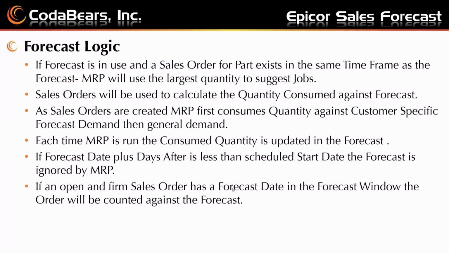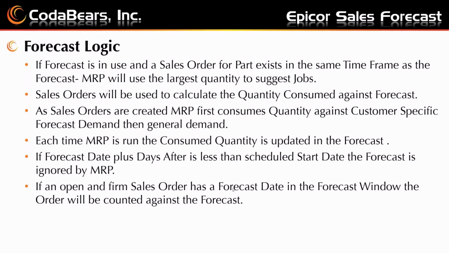That's the job that will be suggested to create those parts. Conversely, if you have a larger forecast and you have one or two sales orders with a smaller total quantity within the forecast time frame, MRP will suggest jobs to make more than you have sales orders to meet the forecast demand. When sales orders are accepted and firm, it's going to calculate a quantity consumed against the forecast.